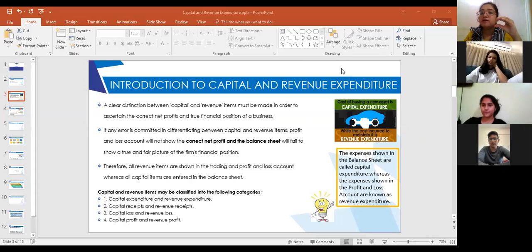All revenue items are generally those items where expenditure is done within the year. This is not to increase the earning capacity of the firm. So these expenses will always be recorded in the profit and loss account. Now, I know it is something new. You're finding it a little difficult, but as I do it one by one in detail, you will see the concept will be totally clear. Okay.